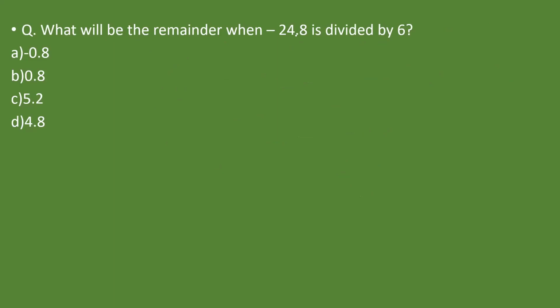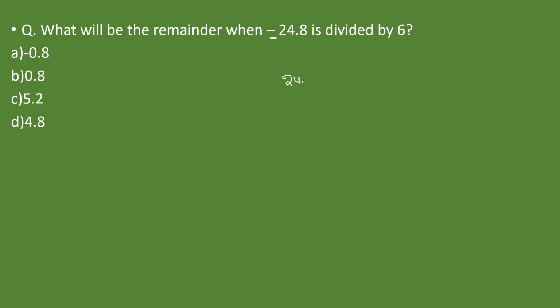The next one: what will be the remainder when minus 24.8 is divided by 6? For the time being, students, we will neglect this minus, not completely, just for the time being.